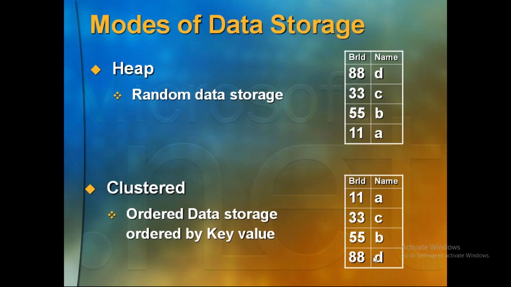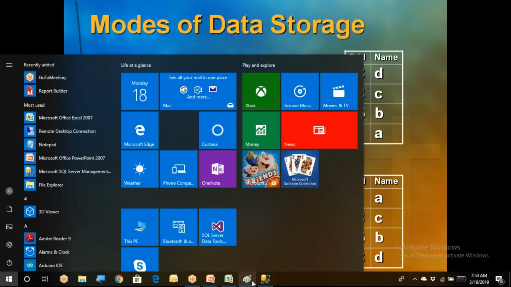So the data physically, try to understand, it is not logical. Physically, it arranges the data in the data pages in the MDF file, and it also creates index pages physically, and you will have index pages and data pages sitting together in your MDF file.